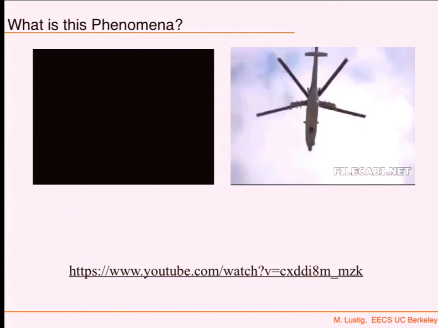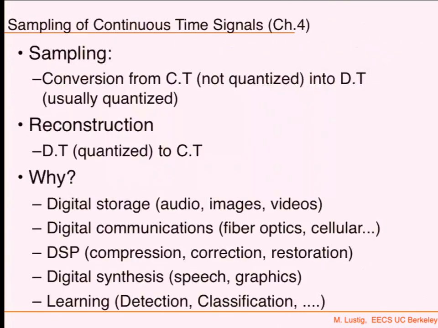So this phenomenon is very interesting. Now the question is why would you want to do sampling at all? This is all chapter 4, so it's quite a long chapter. We're going to spend a couple of weeks on this. Sampling is all about converting continuous time, which is often non-quantized measurement, into discrete time, which is usually quantized, because we represent it on a computer with finite precision, not infinite precision.